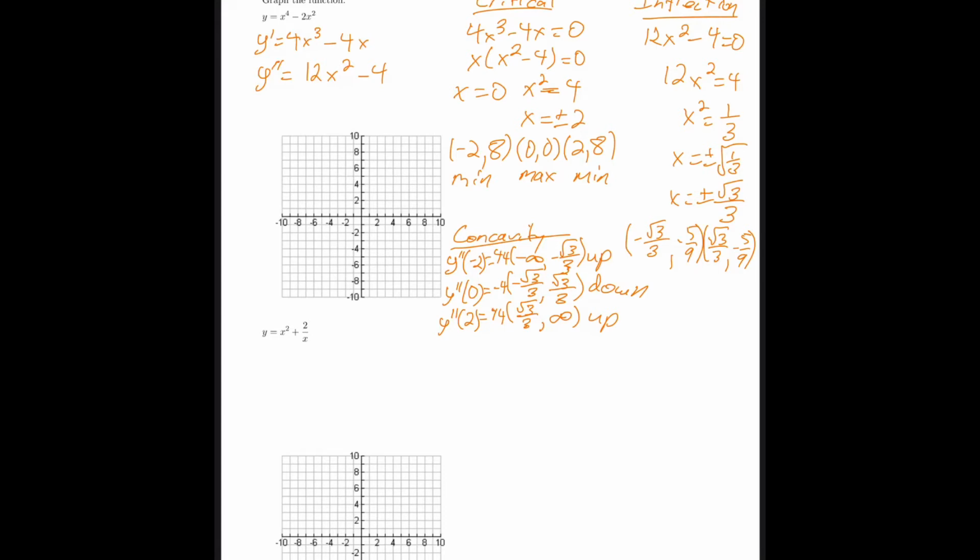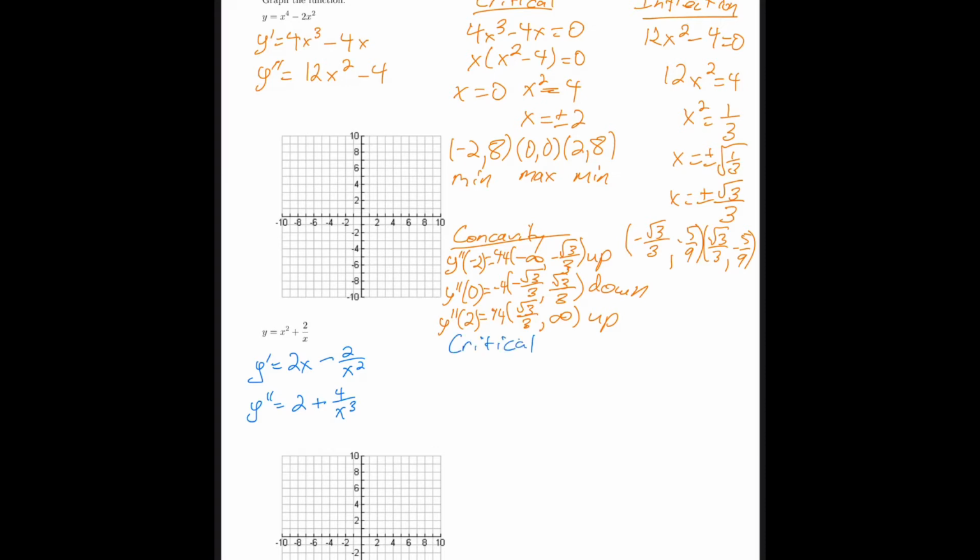So let's go ahead and try this one more time with the next one, and then we're going to look at doing this with non-polynomial type functions. So this one we do the derivative. Y prime is 2x minus 2 over x squared.